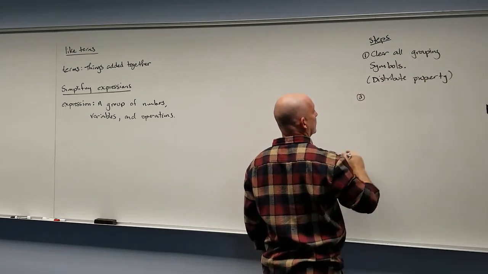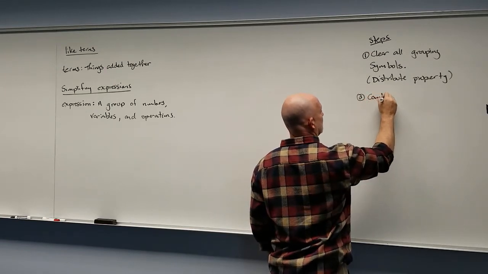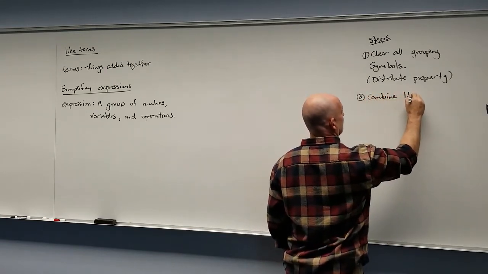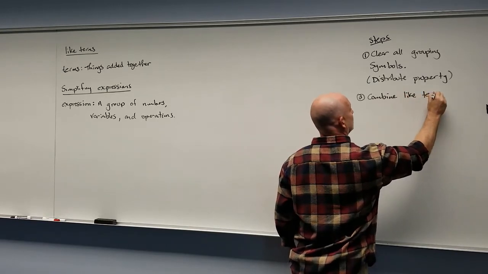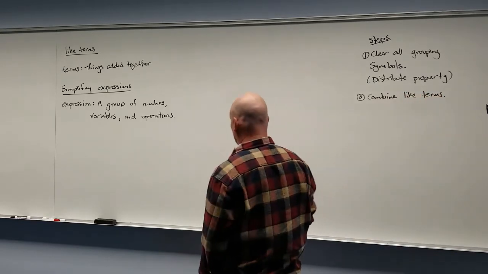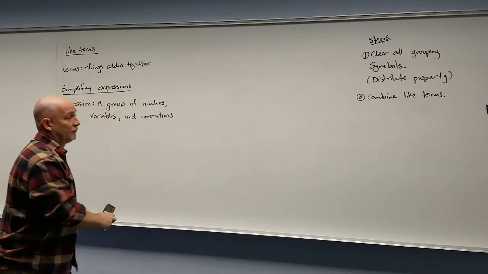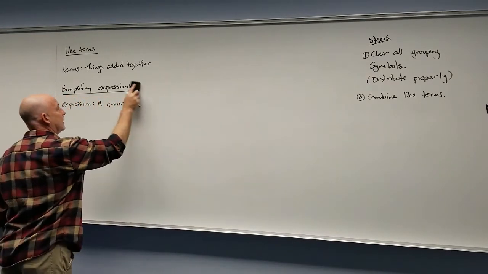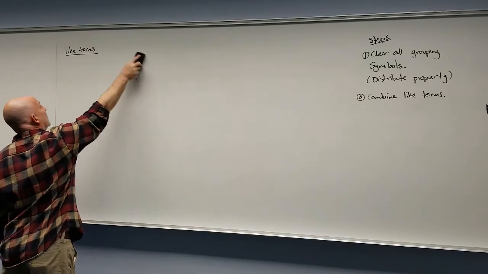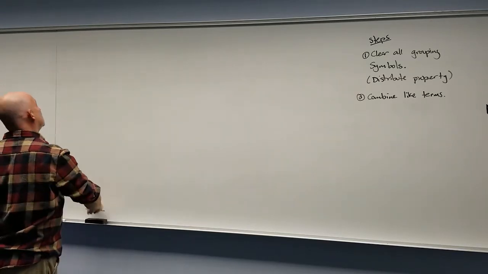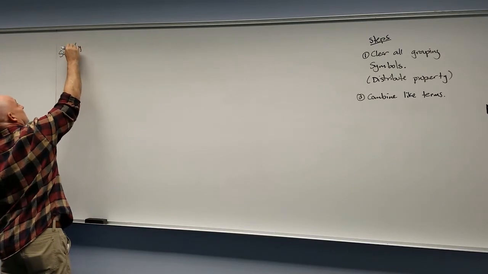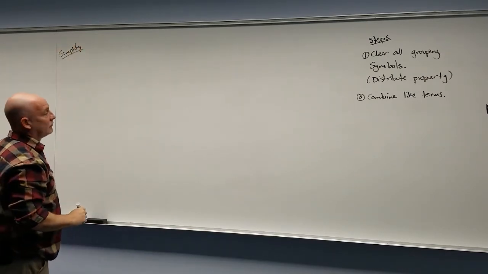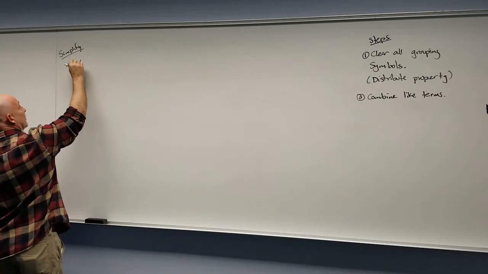Then once you've got rid of all the grouping symbols, all you need to do is combine like terms. Once you do that, that expression will be simplified. So 2 quick steps. So let's take a look at a few of these. So our directions here are going to be simplify. So let's start out with these easy and make them a little bit harder as we go.